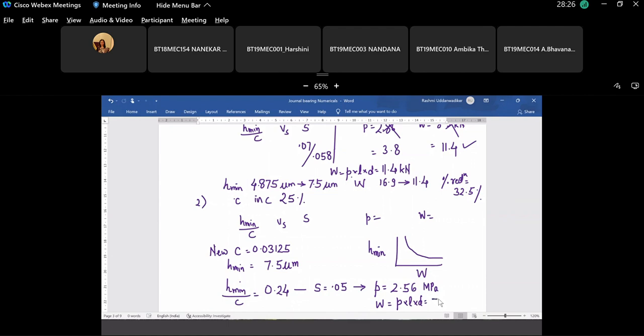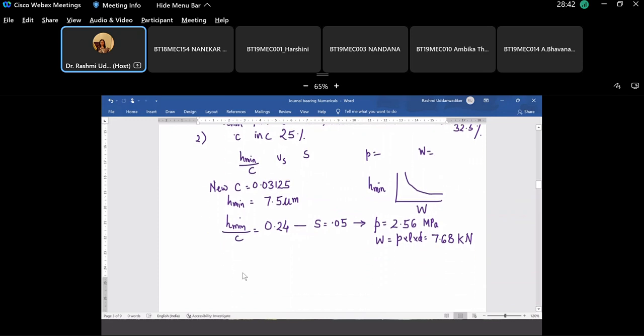Others, are you getting the same value? So the load carrying capacity has reduced from 11.4 kilonewtons to 7.68 kilonewtons. So you see that with a 25% increase in the clearance, the load carrying capacity reduces from 11.4 kilonewton to 7.68 kilonewton.